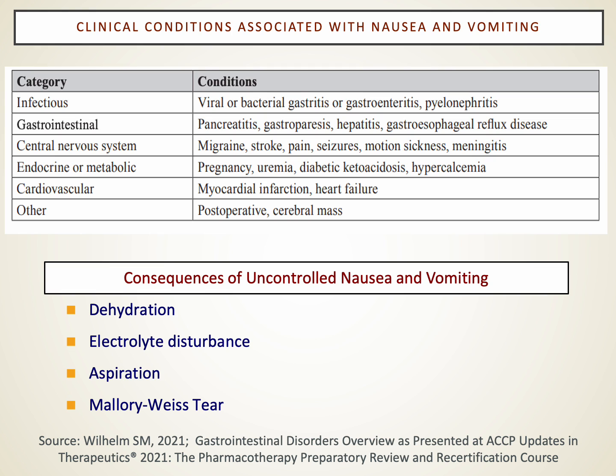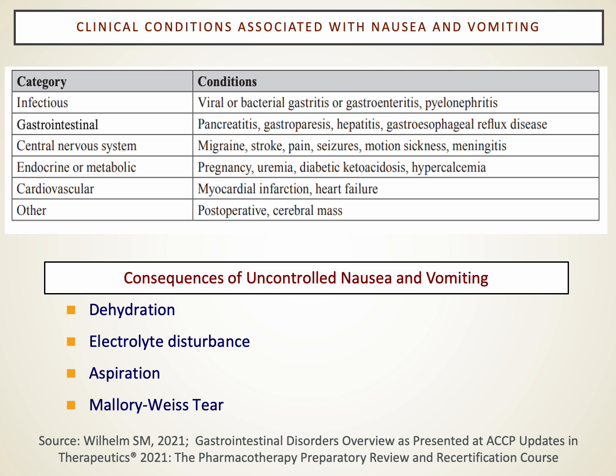As we look at conditions associated with nausea, vomiting, certainly surgery is a big one, but layer on top of it these other conditions where nausea, vomiting would be problematic. So surgery in conjunction with a patient who has an infectious or GI condition or has CNS issues going on, or endocrine issues, all of these are sort of predispositions to make maybe higher risk for nausea, vomiting.